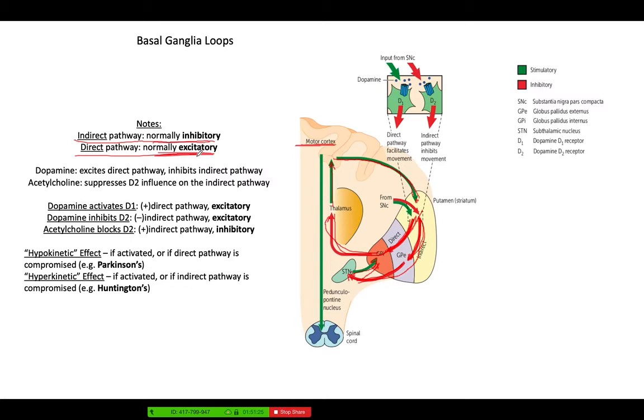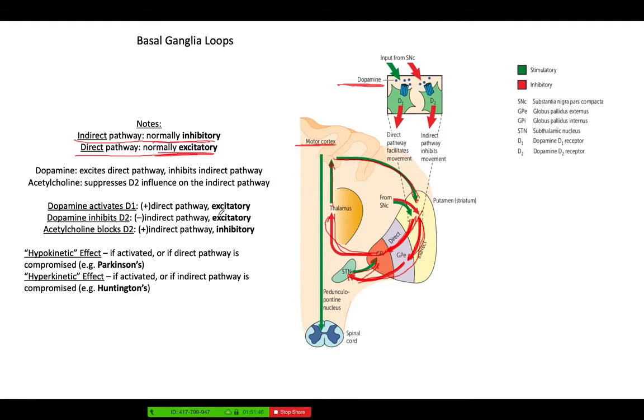Okay, so great. So we have one exciting, one inhibiting. What is the point of this? They cancel each other out. So in terms of modulating what we want to do, what our actions will be, we have a secondary pathway that utilizes dopamine that is going to increase the activity of whatever we're trying to do.